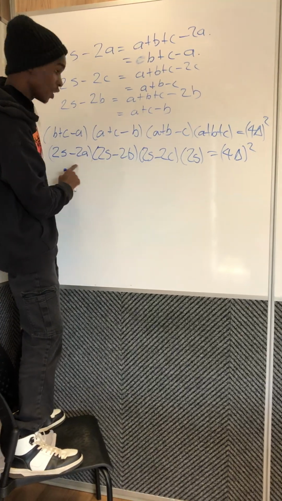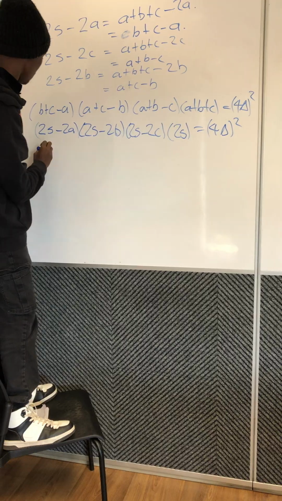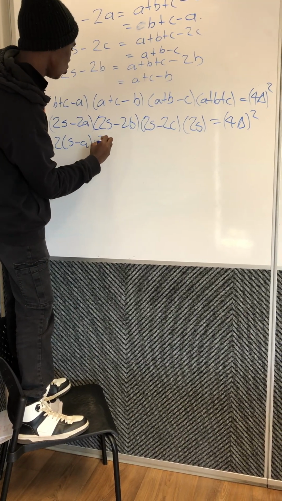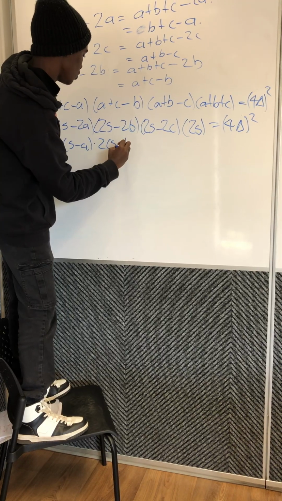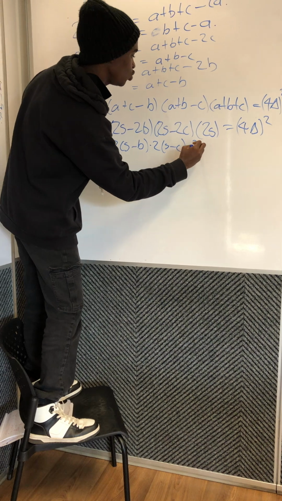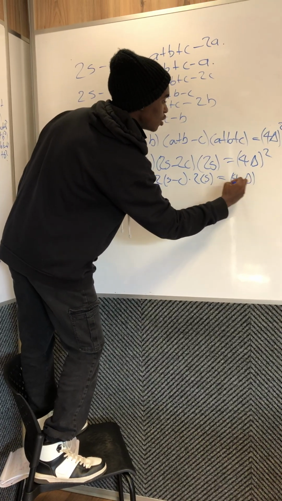And here we can factor out 2 everywhere: 1, 2, 3, 4. We can say 2 times S minus a, by 2 times S minus b, by 2 times S minus c, by 2 times S, equals 4 delta squared.